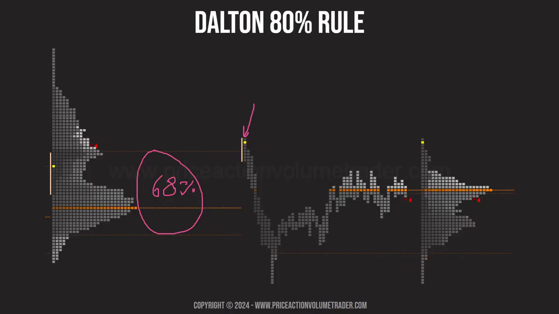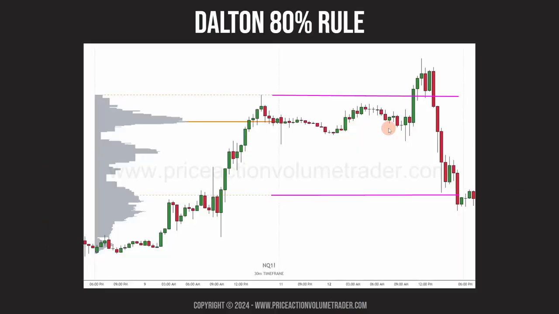So then you can look in this case to trade going short. Your stop would be right above the open of this new session. And then you will be targeting, in this case, there's an 80% chance that we would go trade into the bottom of this value area over here.